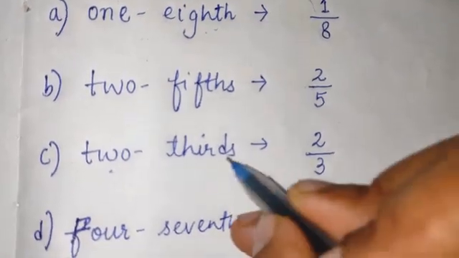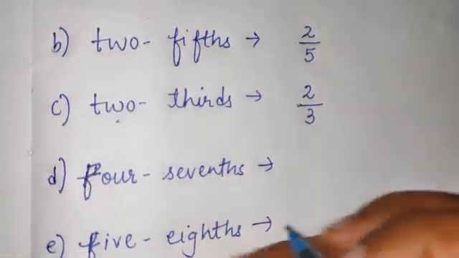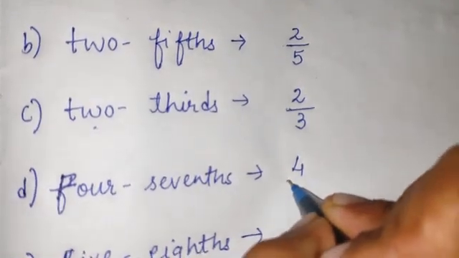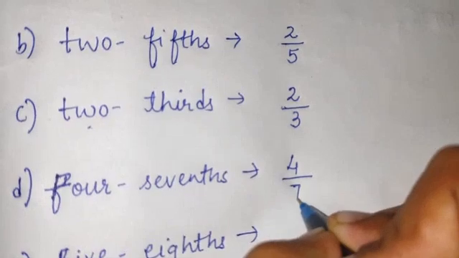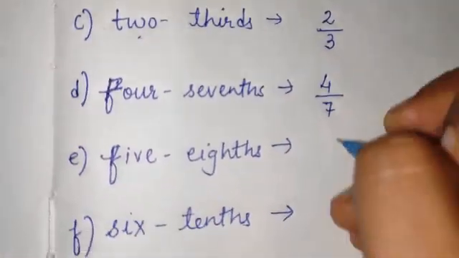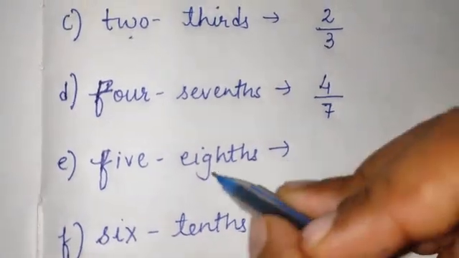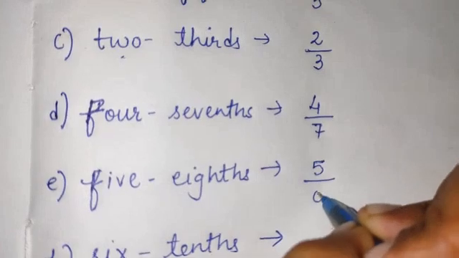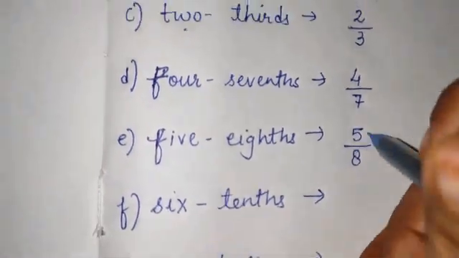Thirds means 3. 3 will be your denominator. Four-sevenths. So 4 is coming first, 4 numerator, and 7 is our denominator because it is seventh. 4/7. Five-eighths. So 5 is coming first, 5 numerator, and 8 is our denominator.